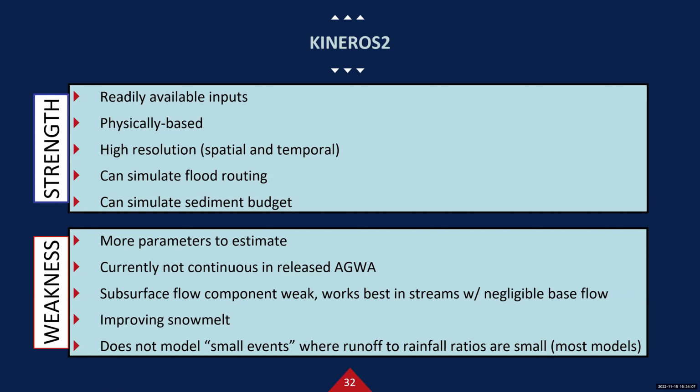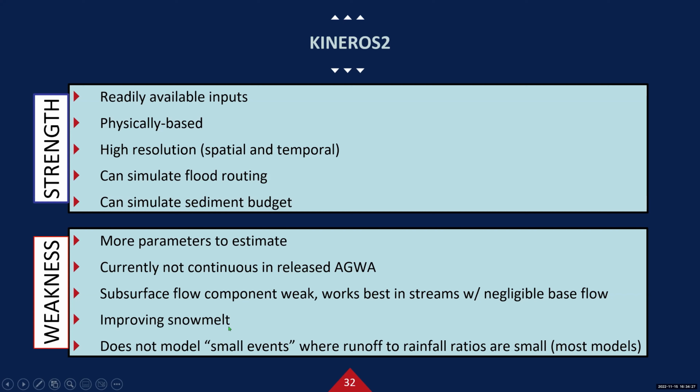KINEROS2 is not continuous. We're working on getting that into AGWA. The subsurface flow component is weak. The best we can do is set a base flow component, but again, that's not static.